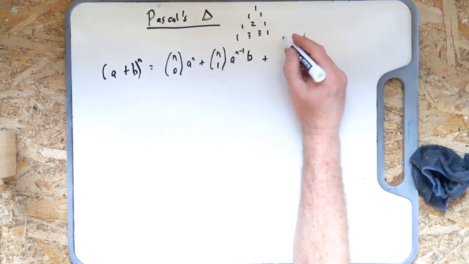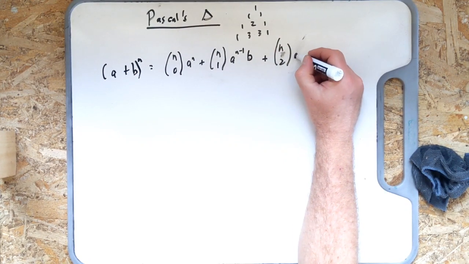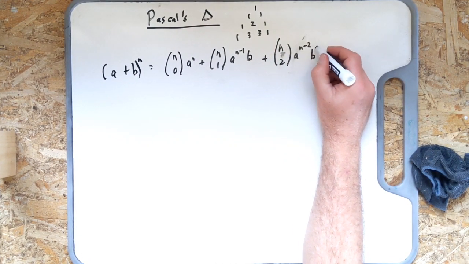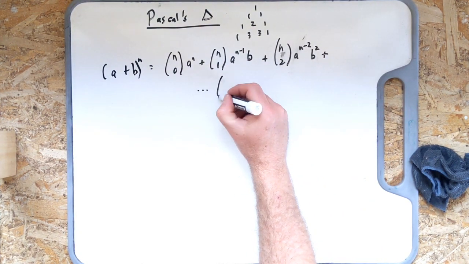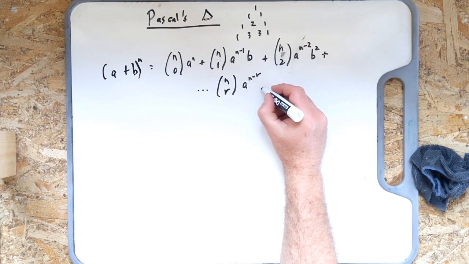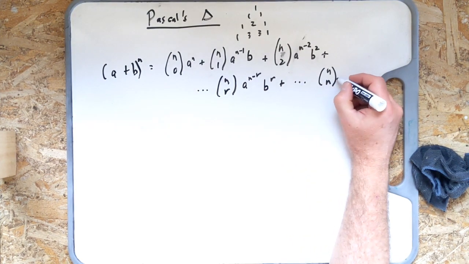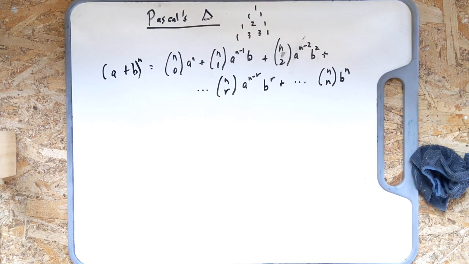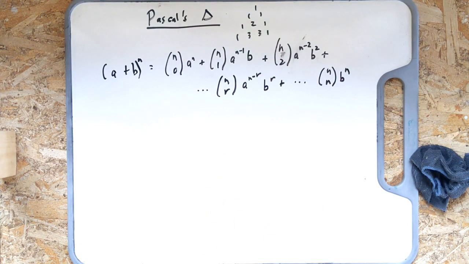I'll do the next one actually first. n choose 2, a to the n minus 2, b to the 2, plus dot, dot, dot, n choose r, this will be my general term, a to the n minus r, b to the r, plus dot, dot, dot, and the last term will be n choose n, b to the n. Okay, I would pause this and write that down. Obviously that's a bit of a mess. So write that down. Okay, if you're back, this is what's called the binomial theorem.